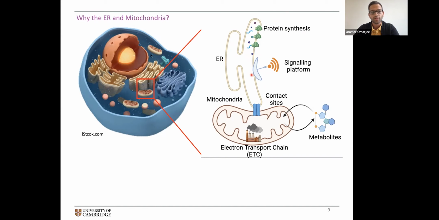And another role of the ER is that it is able to make physical contact with the mitochondria through the use of special proteins that allow communication between those two organelles.